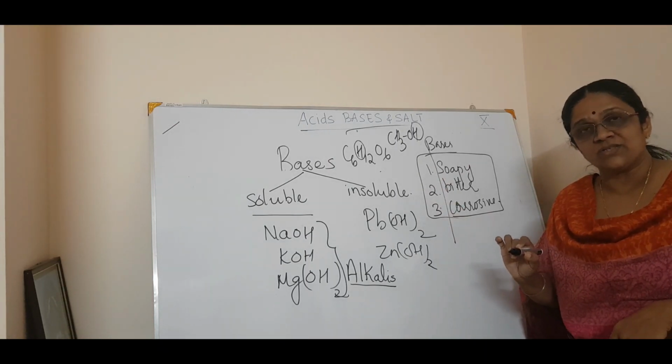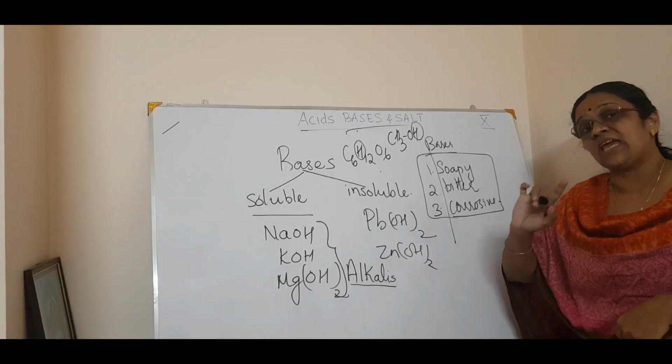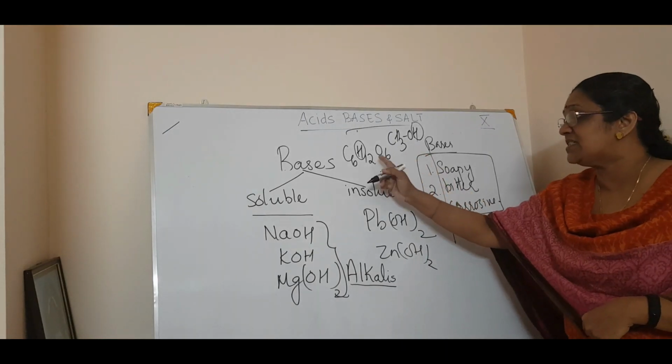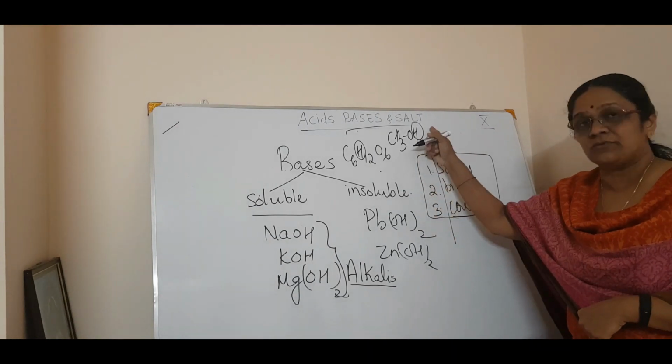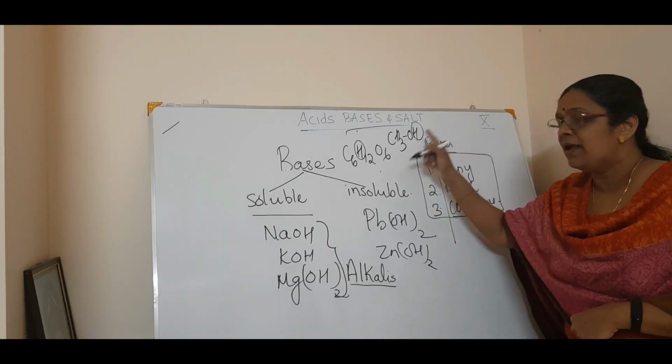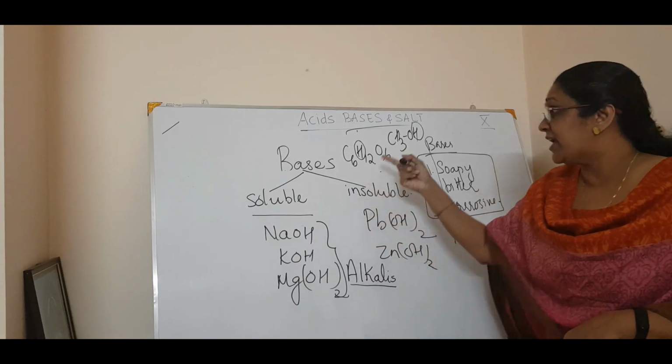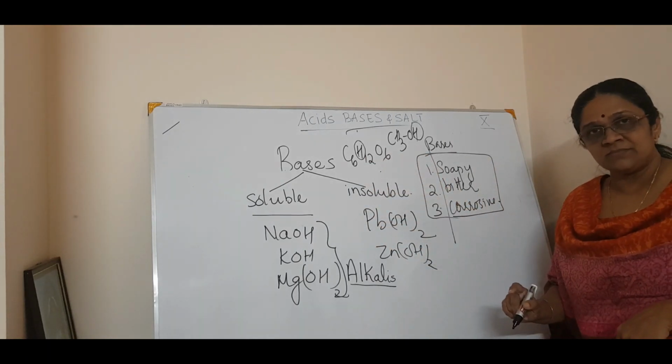An acid means it is capable of furnishing the H+ ion. This is not capable of furnishing H+ ion. To some extent, when you study organic chemistry, that's a different story. But it cannot act as an acid. That's it.